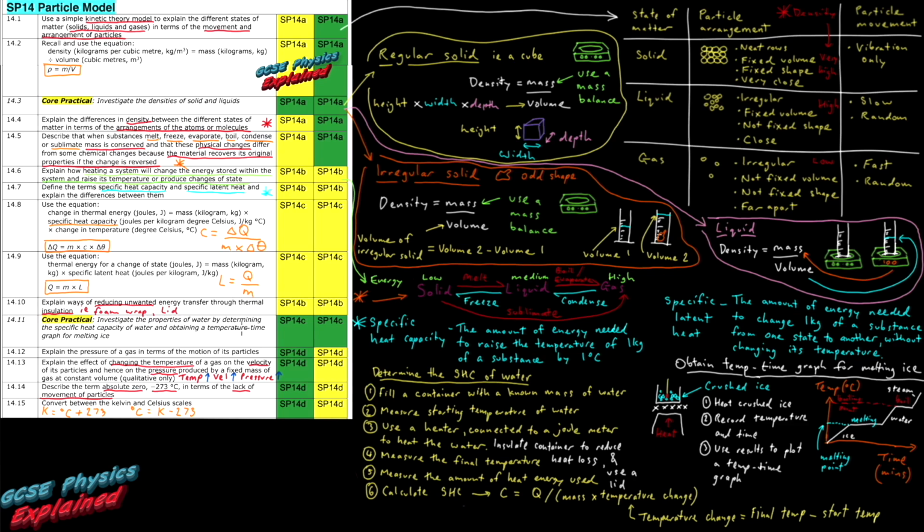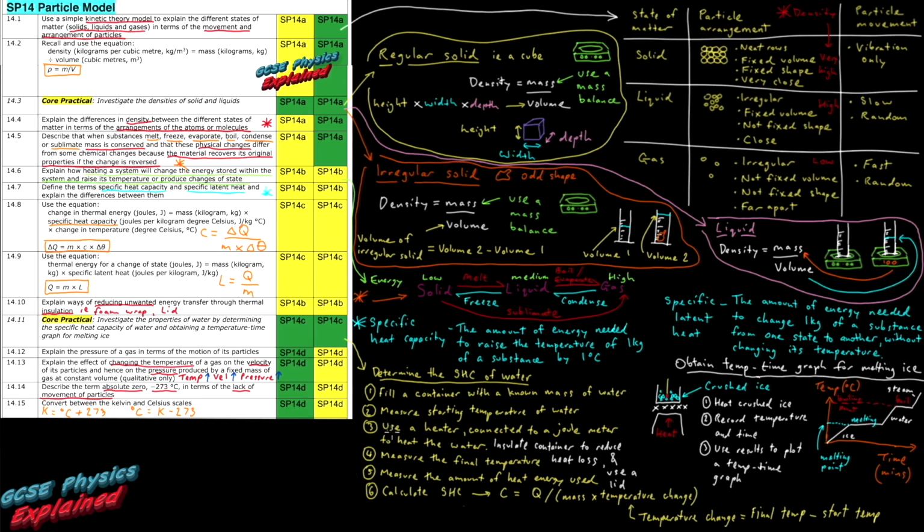Investigate the properties of water by determining the specific heat capacity of water and obtaining a temperature time graph for melting ice. Here's how to determine the specific heat capacity of water. You'd need to fill a container with a known mass of water. For another mark, measure the starting temperature of the water.